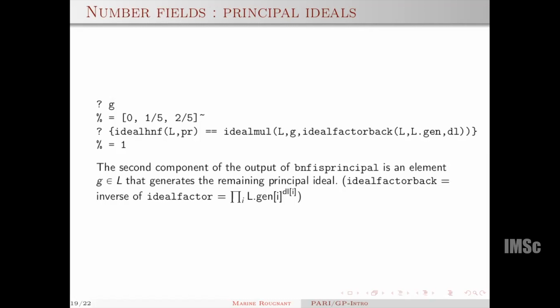Ideal factor back is not the converse; you have factor and factor back. So here you have your number field, a list of generators, and then a list of exponents, and it will just put everything together.